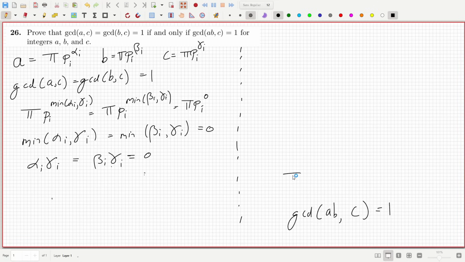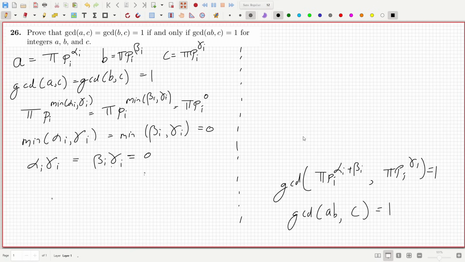That would mean the product of primes to alpha_i plus beta_i, and the product of primes to gamma_i, is equal to 1.